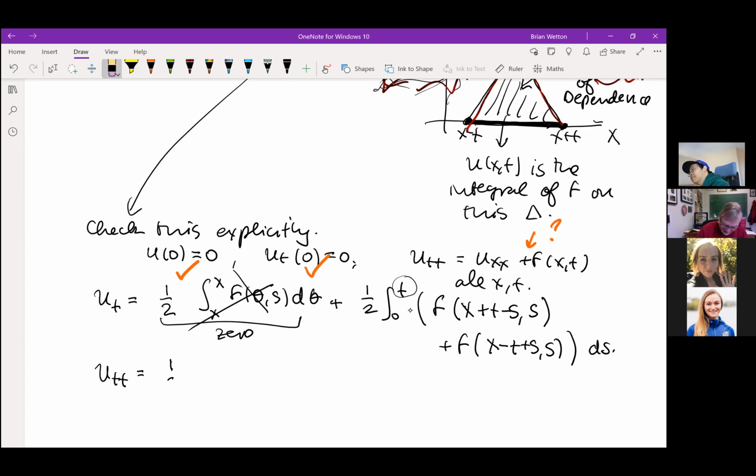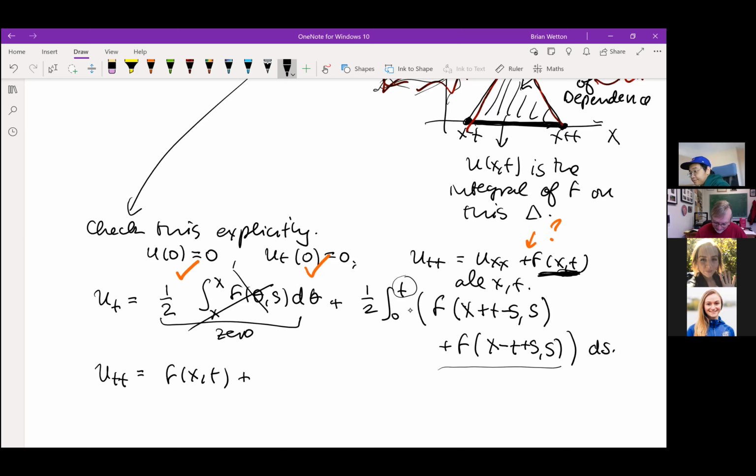Let me just be a little bit careful. When I take the derivative with respect to t, I get this thing evaluated when s is equal to t, right? So now I'm going to have 1/2 f of x, t plus f of x, t. So this is going to be f of x and t, right? So that's kind of hopeful, right? Because we wanted that to show up in this expression.